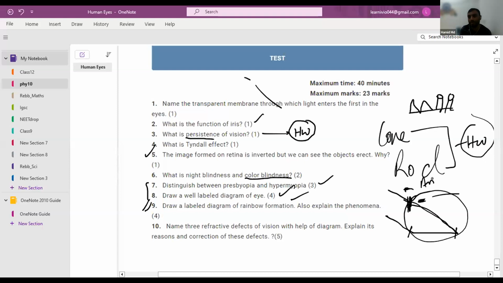This is air and this is water. So the first refraction is at the air-water interface, and the reflection is at the water surface within the water drop. Then again, the second refraction is at the water-air surface.